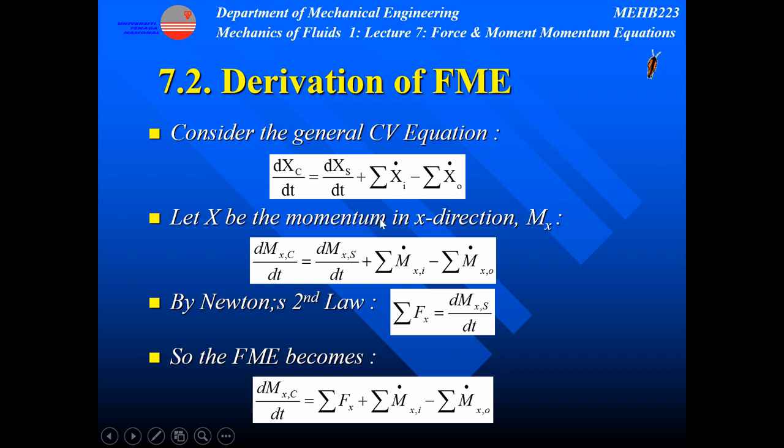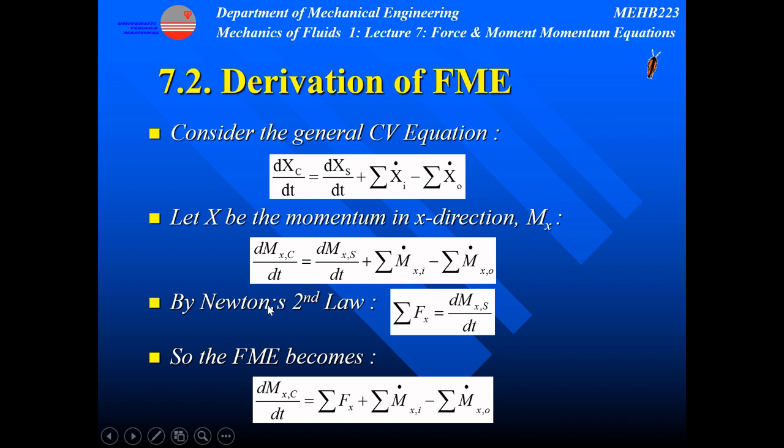Since momentum has direction, for example, I show momentum in the x direction, Mx. So I replace X with momentum in the x direction. This is the rate of change of momentum of the control volume in the x direction, plus the summation of the rate of momentum in the x direction at the outlet minus the inlet.